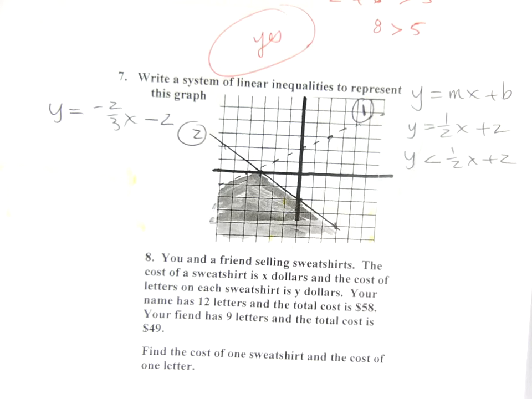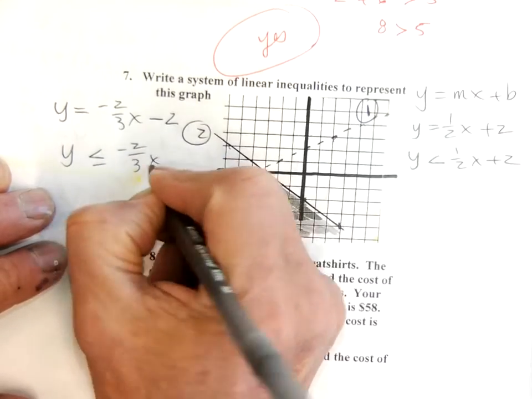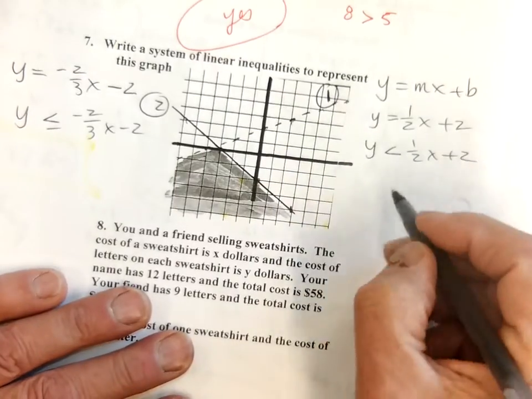And then I'm going to go down 2 over 3, right? But it's shaded, and it's below it, so it's less than. Now I got a solid line, right? So I'm going to go less than or equal to, okay? So y is less than or equal to -2/3 x minus 2.